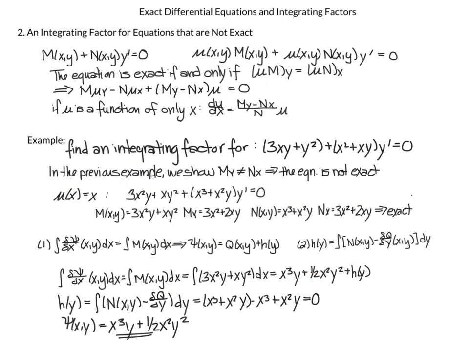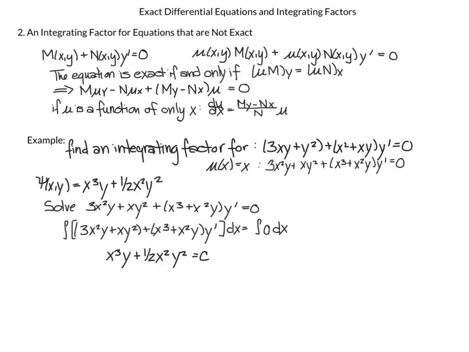And you can see the x cubes cancel out and the x squared y cancels out, so h is equal to 0, and our psi is equal to x cubed y plus 1/2 x squared y squared. So this is our implicit solution.